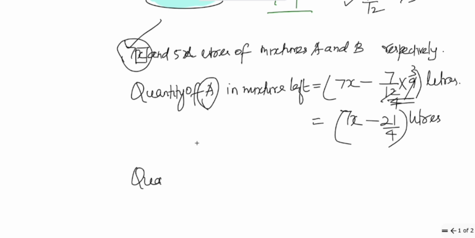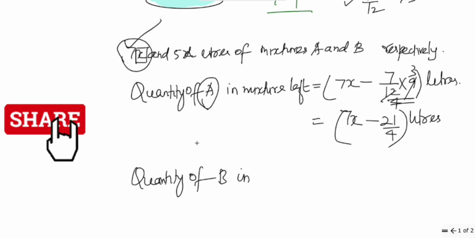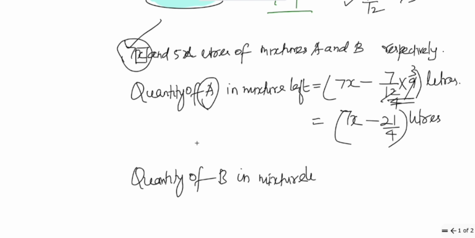Now we'll think about our quantity of B in mixture left. Of course, while we are removing 9 liters, there is a chance of removing both things, both combinations. So if we are removing liquid B, a certain value, then that should be removed from 5x, because 5x denotes the actual amount of liquid B. From that, we are removing 5 out of 12 times 9.